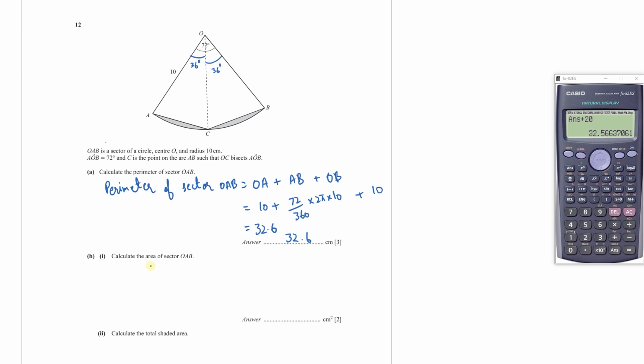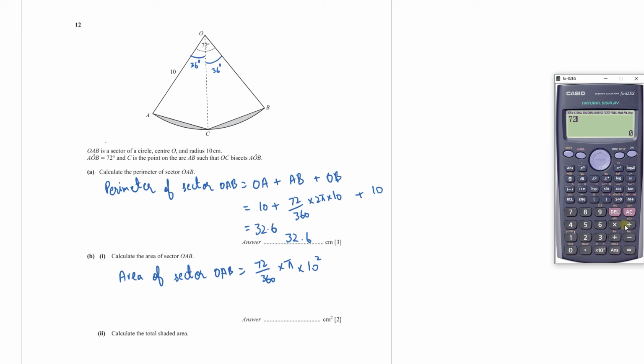Part B1 is calculate the area of sector OAB. So the area of sector OAB will simply be angle over 360, 72 divided by 360 times pi r squared. R is the radius, so 10 squared.